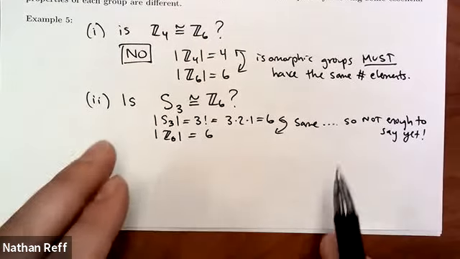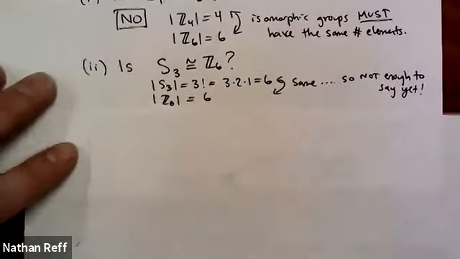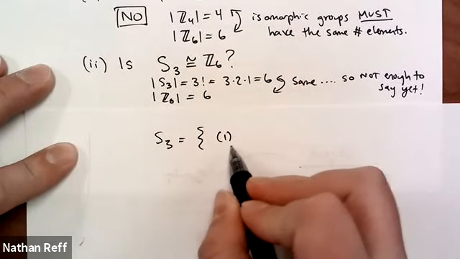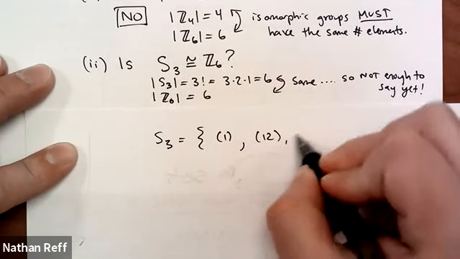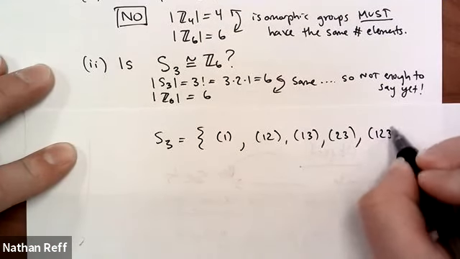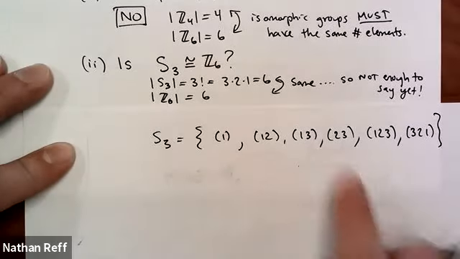What's something else I could check that's on this list? What is the S3 group again? The permutations on 3 elements. If you wanted to write it out, you'd have the identity and the other permutations; those are the 6 elements.